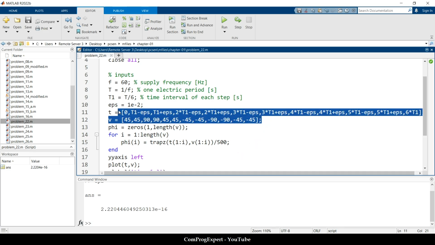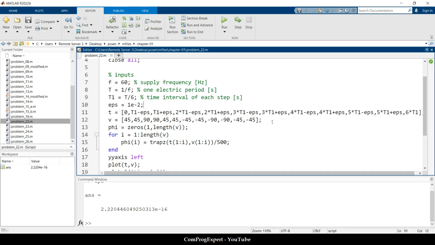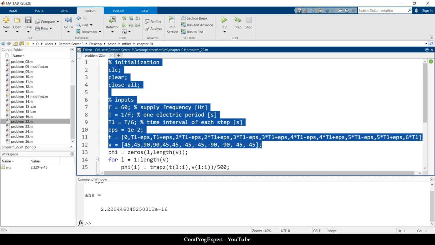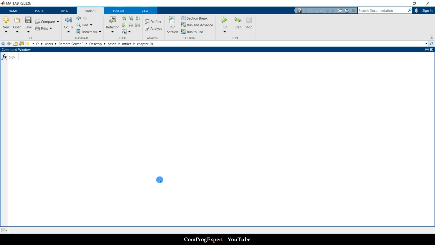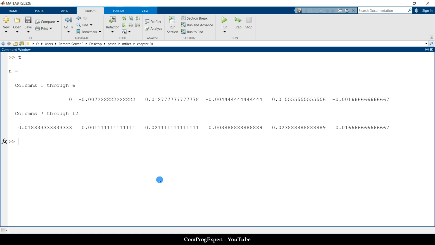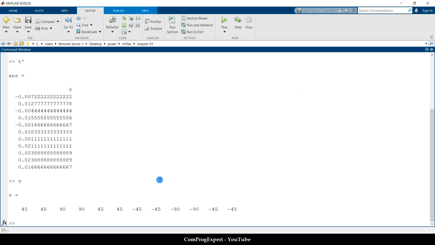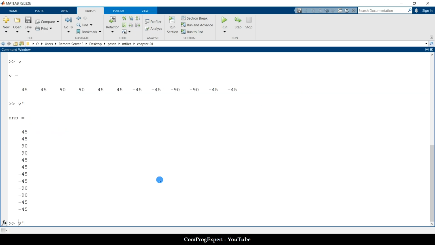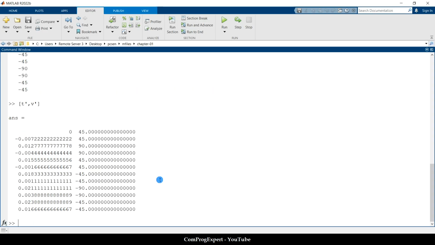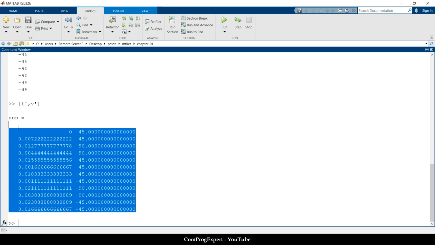And here are the values. If I run the code, this is the value of t. Let's consider t transpose, and this is the value of v transpose. So t and v, we have this data.